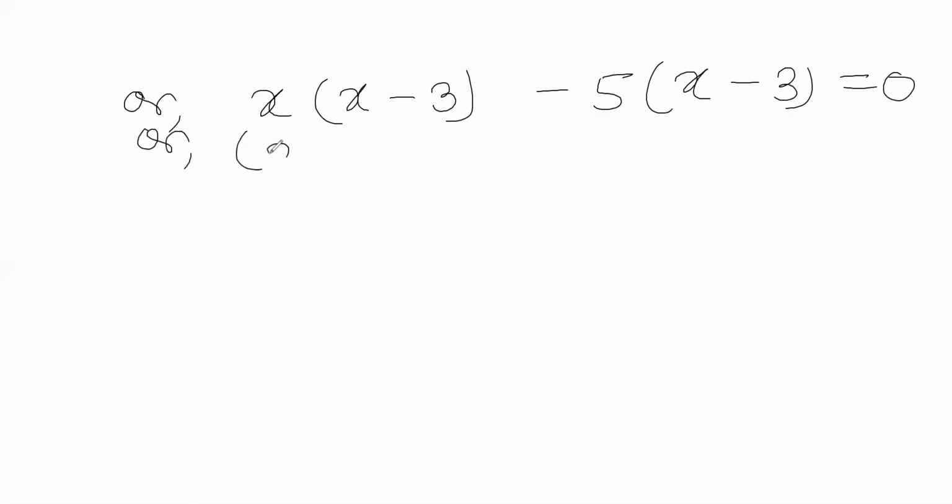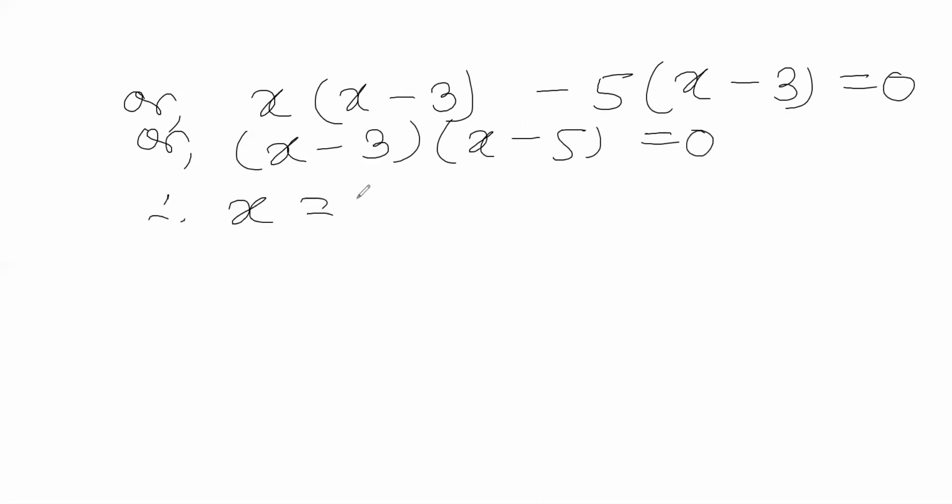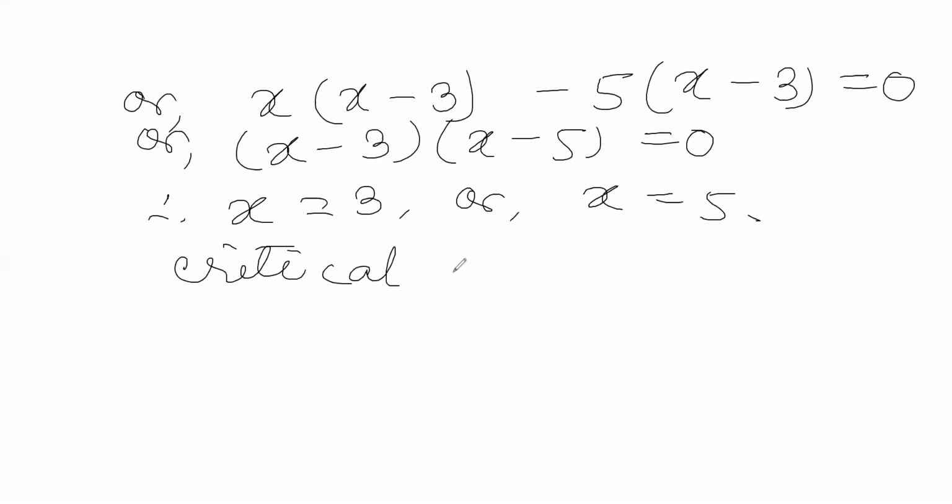Or I get x minus 3 times x minus 5 equal to 0. So x is either equal to 3 or equal to 5. So we got two different critical values after solving for this.